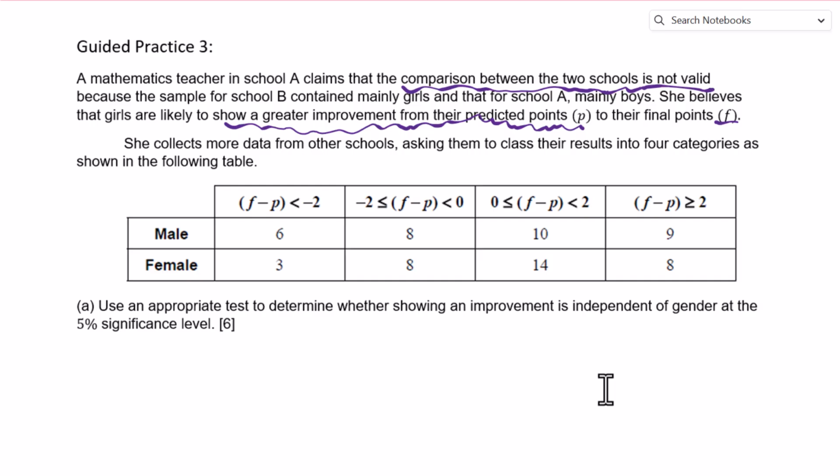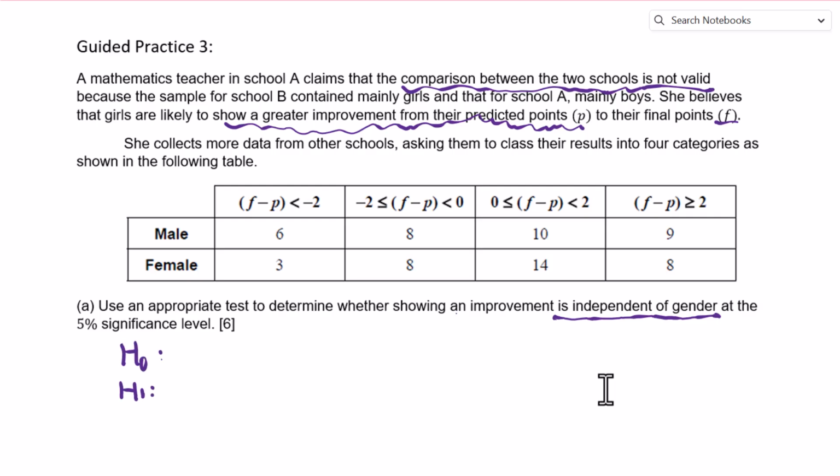A. Use an appropriate test to determine whether showing an improvement is independent of gender at the 5% significance level.